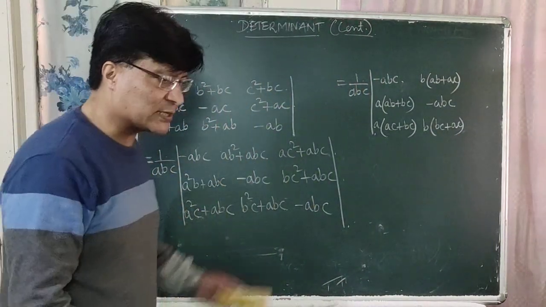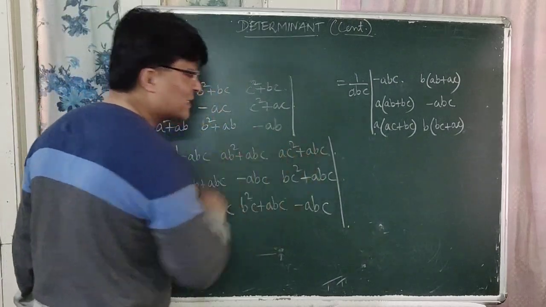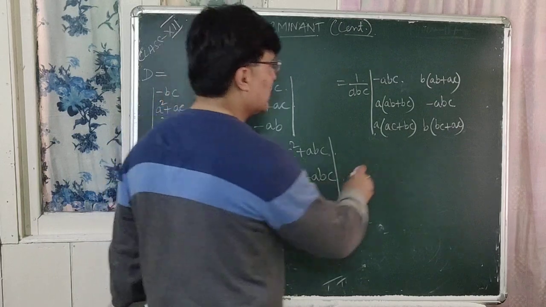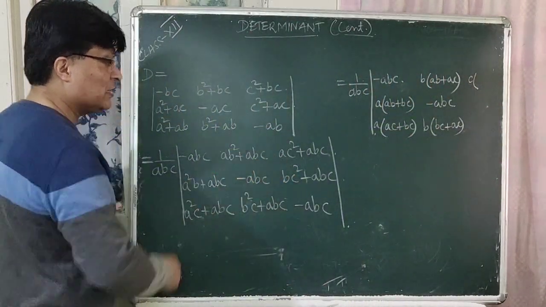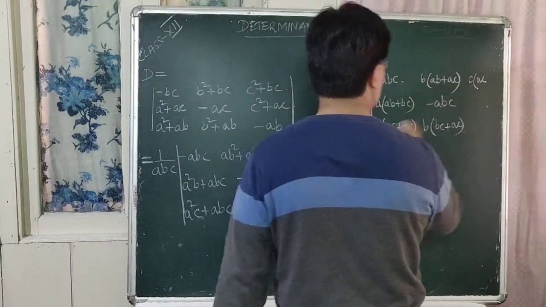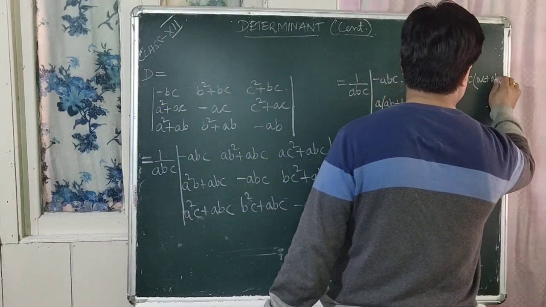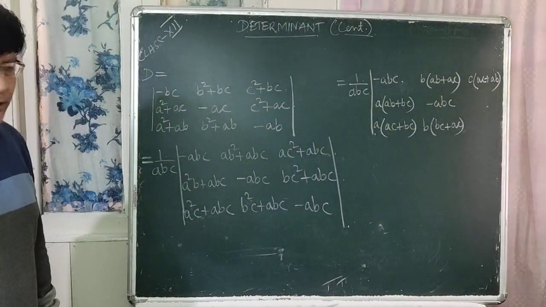Okay. So next, the third column. From the third column, in the first term, you take C as common, right? So C is taken common within bracket. What do we get? Tell me. It is AC plus AB. Is that clear? I think you have understood it.